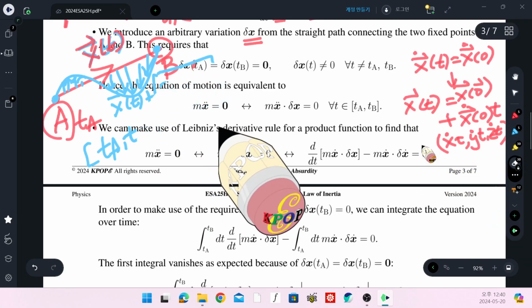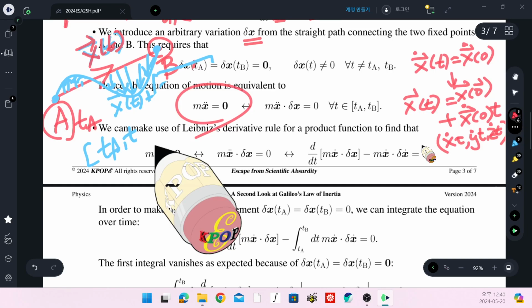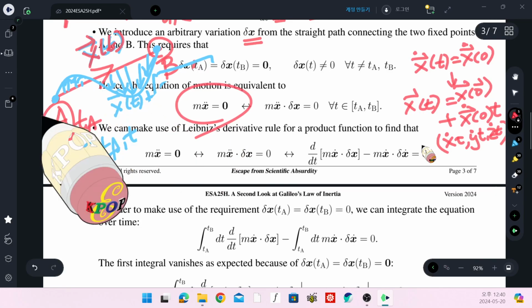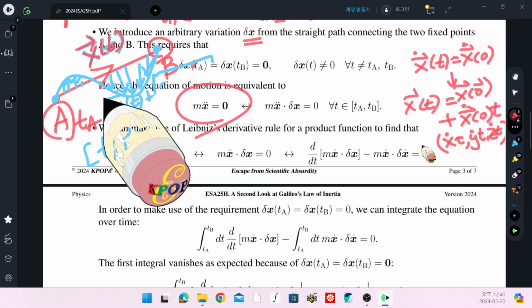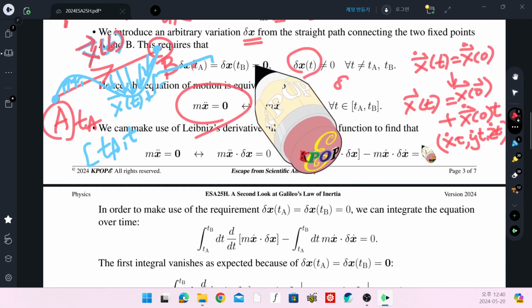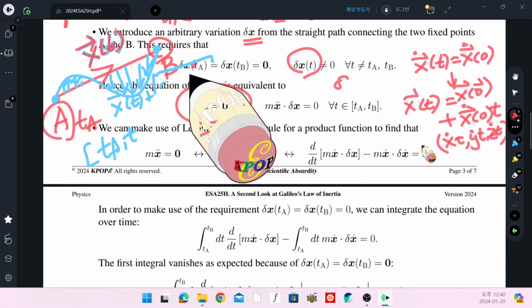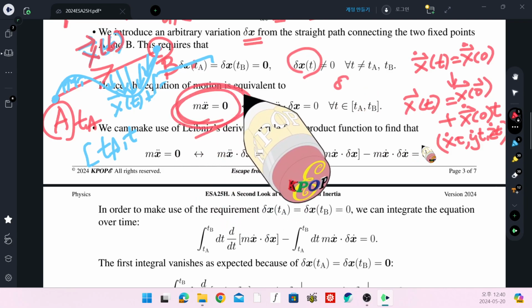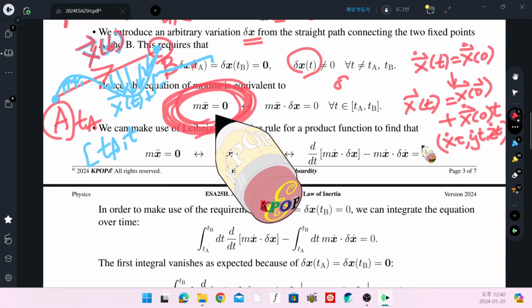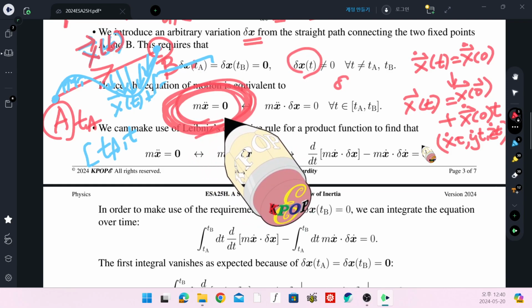All right. Now we have mass times acceleration equals 0. Whatever the displacement, the variation from a physical path, this delta x is non-zero except for the two endpoints. However, the law of physics called the law of inertia states that mass times acceleration is always a zero vector.